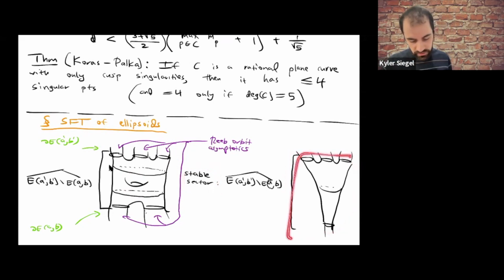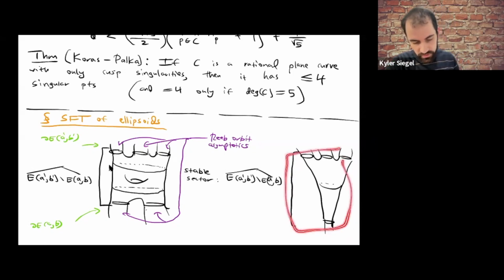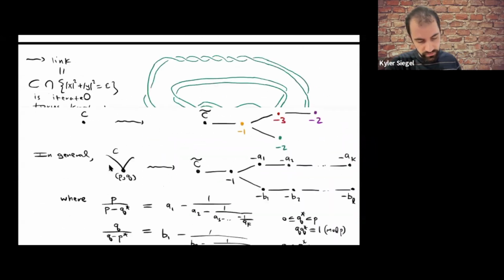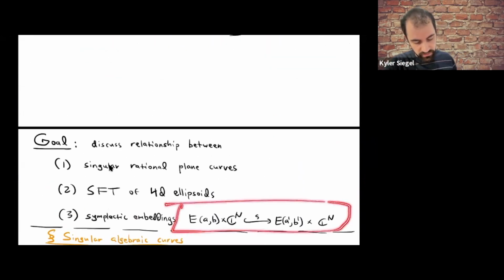So curves that look like this. You can put these together to get some algebraic structure, which is dimensionally stable in the sense that it doesn't care if you cross with C to the n, roughly speaking. So these are the types of curves which would be relevant for these stable embedding phenomena.